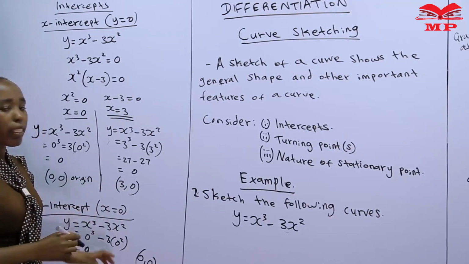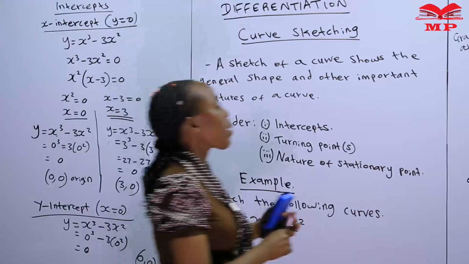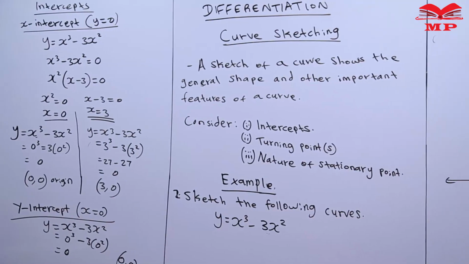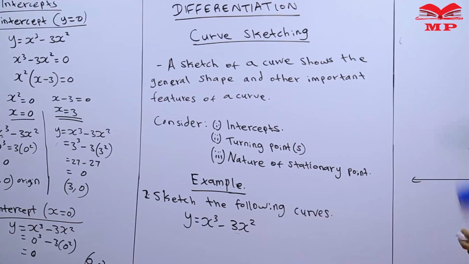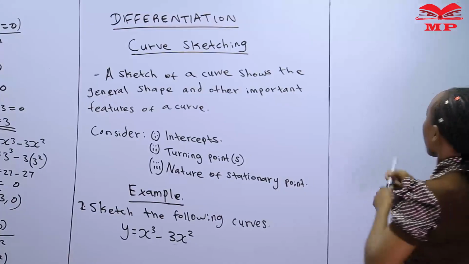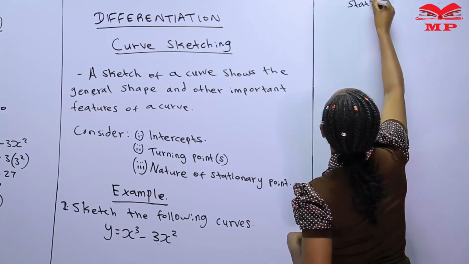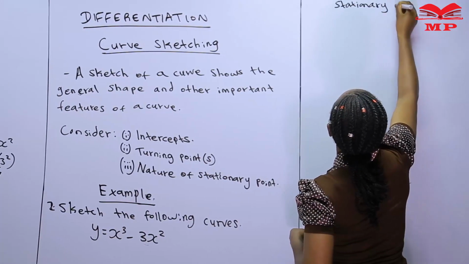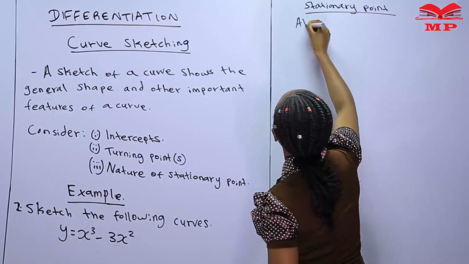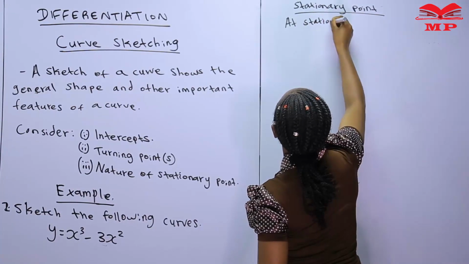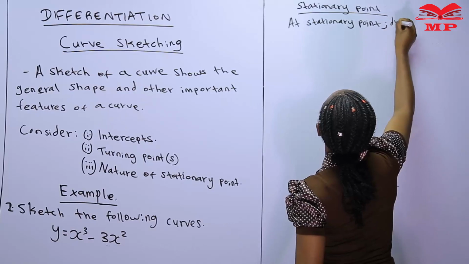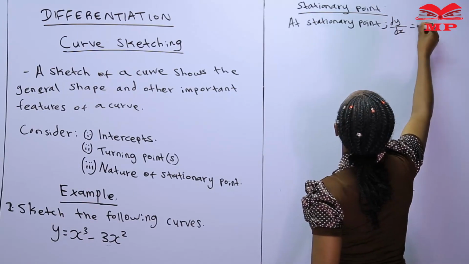Then after getting the intercepts, we get now the turning point, which is again very easy, the stationary point. So we simply come and say at the stationary point, the gradient dy all over dx is equal to 0.